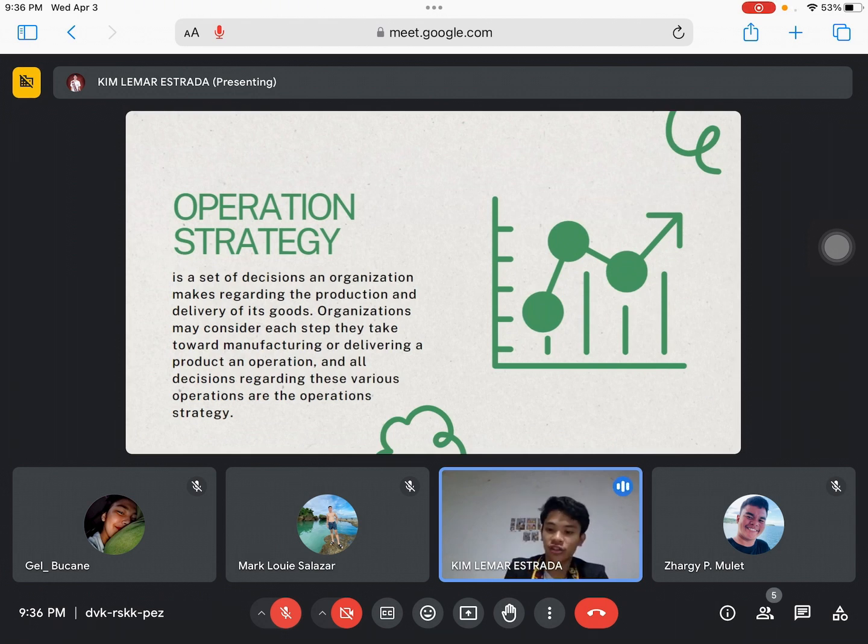So the summary of our report is that every tool is needed to evaluate the performance of the business, especially in production, in goods, and also in the management and the service.